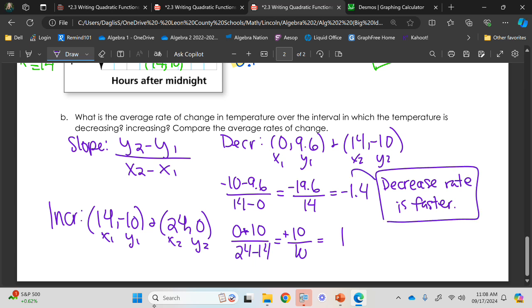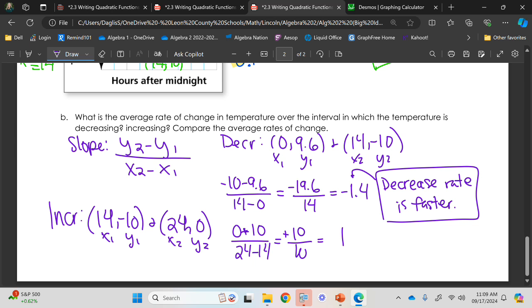Yes. What was your question? Should the top set be the other way around? Zero minus negative 10.